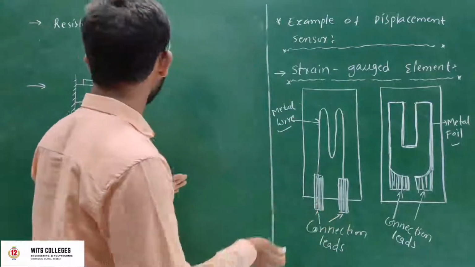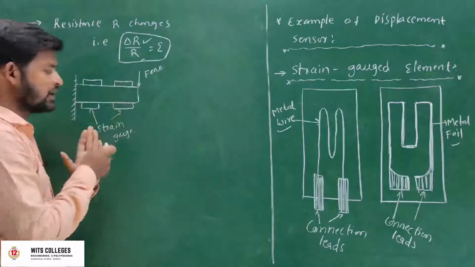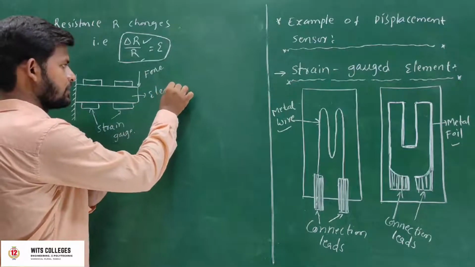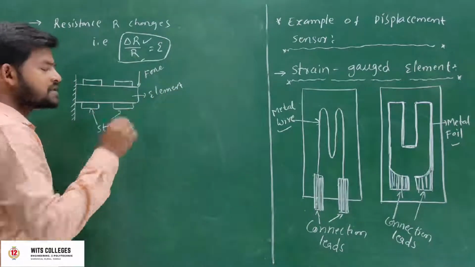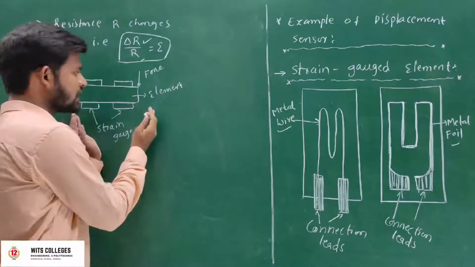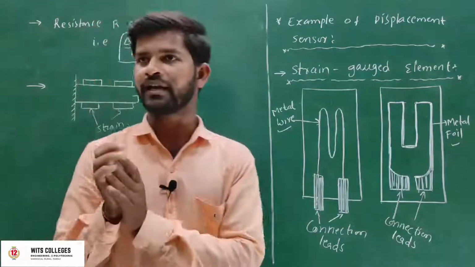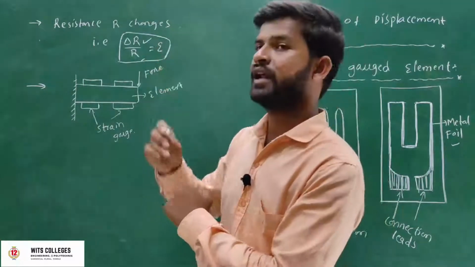That means if the strain gauge is attached to an element, this is the element, and these are the strain gauges. These strain gauges are attached along the length of the element, and next we can apply a force on the element.